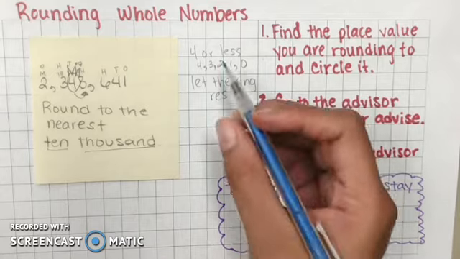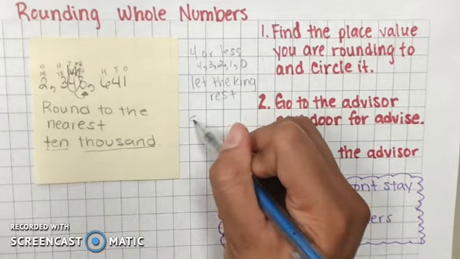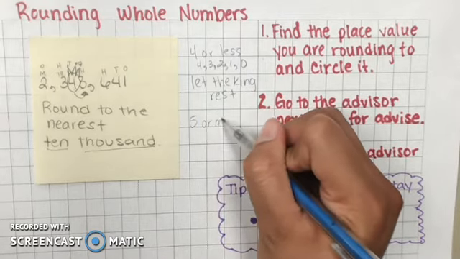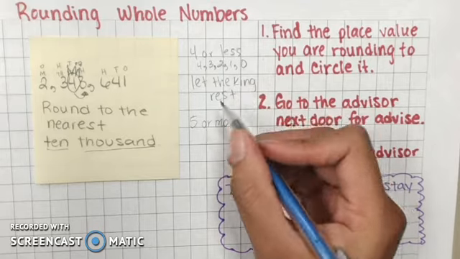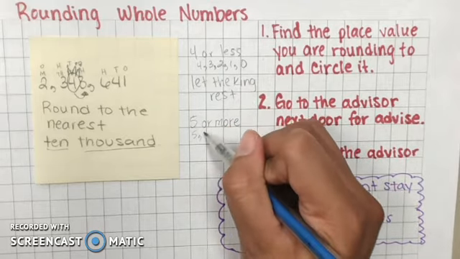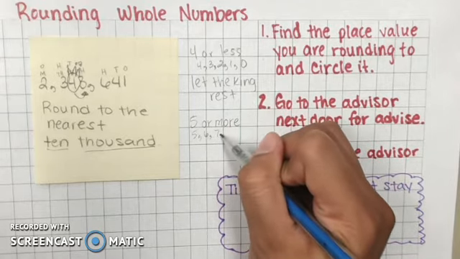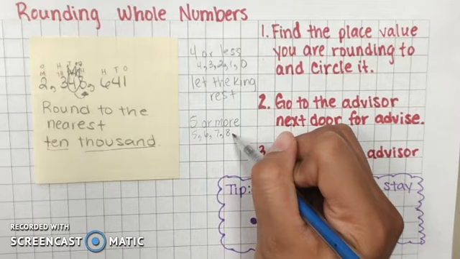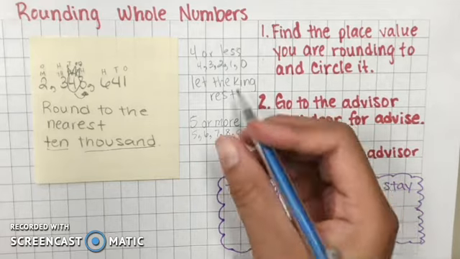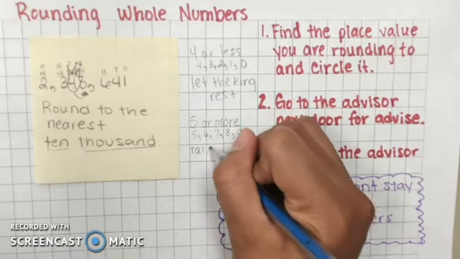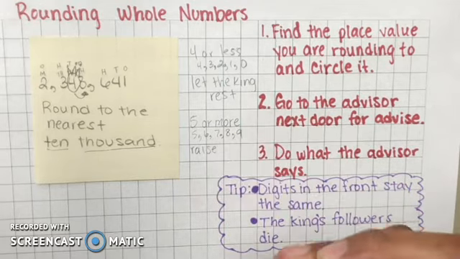However, if your advisor is a 5 or more, and that includes the digits 5, 6, 7, 8, and 9, you raise the score by one more.